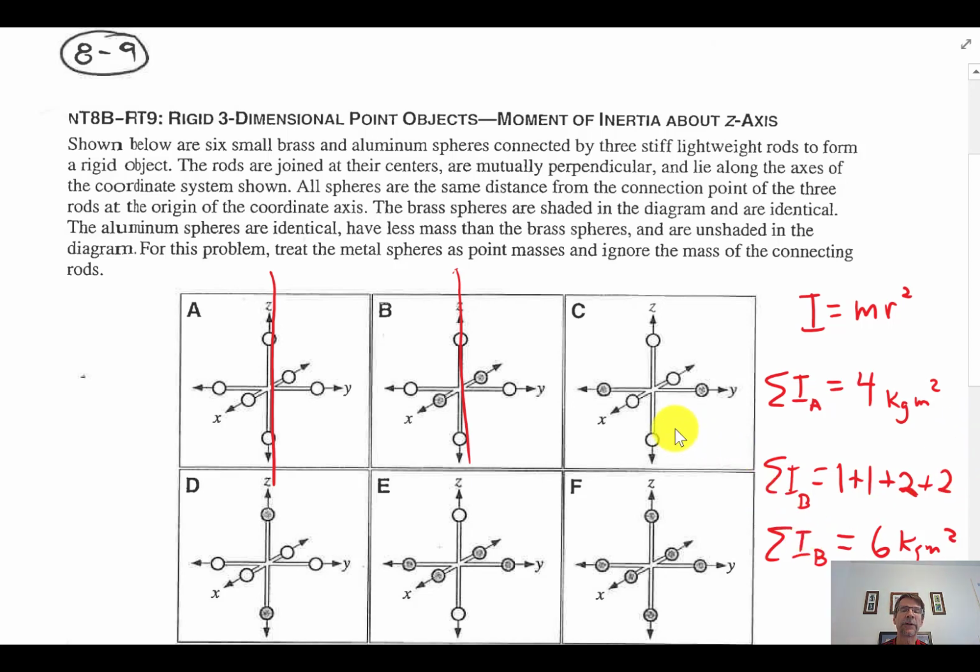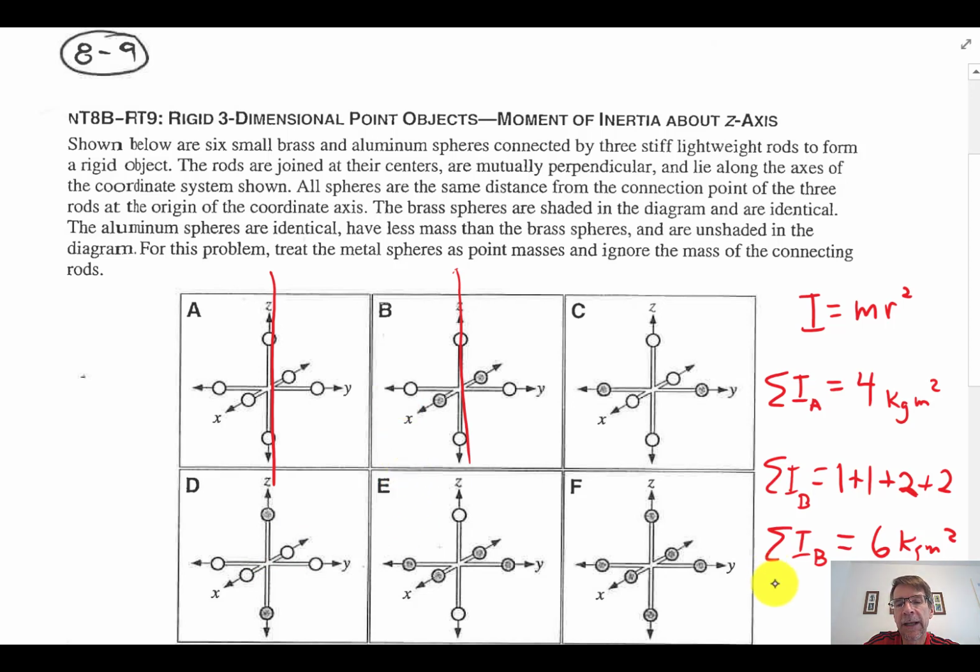If you try to spin about that z-axis, there's 4 spheres only that spin about that axis. In part C, it's the same answer as B, because there's two brass spheres and 2 aluminum. So the answer for C is the same as B. The answer for D is the same as A, because there's just 4 aluminum spheres spinning around axis Z. E and F are going to be equivalent.